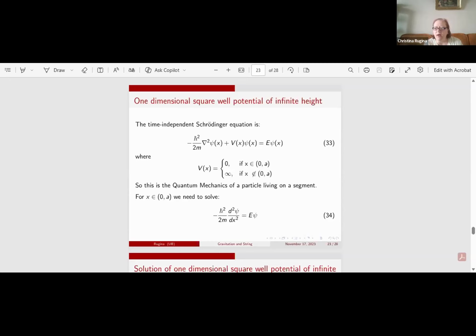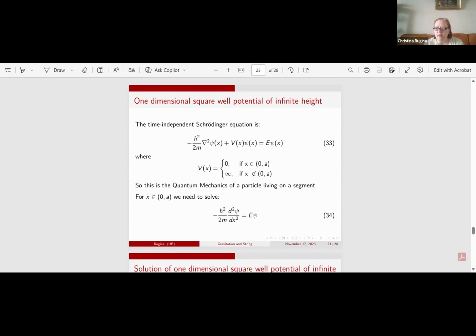It's 0 between 0 and a, and infinity outside that interval. So you have to imagine like a segment with infinite walls. So the particle, classically at least, has to stay within that potential, within those walls.